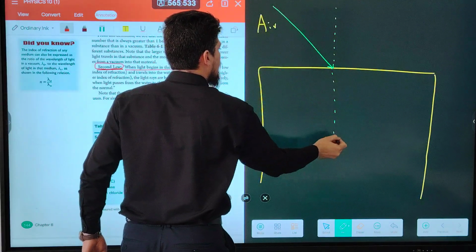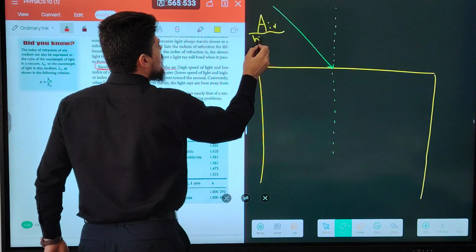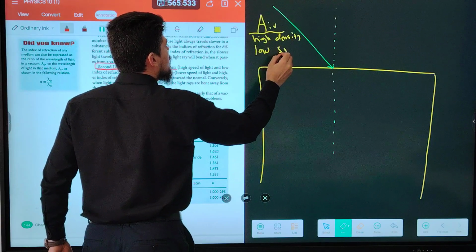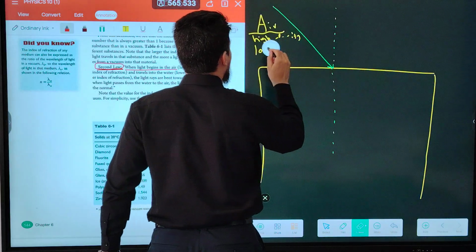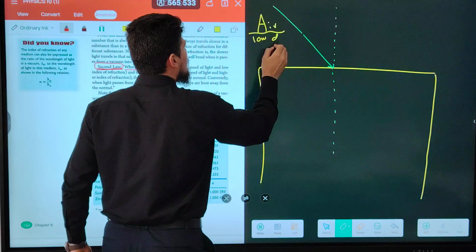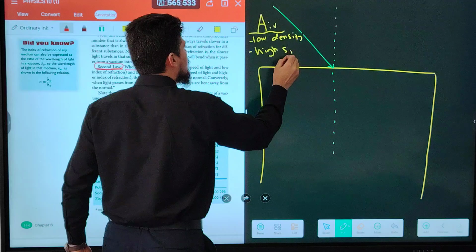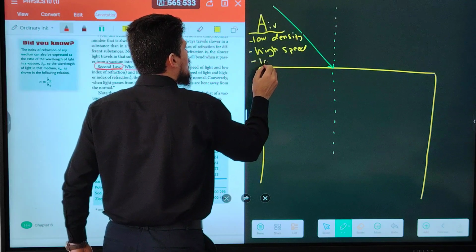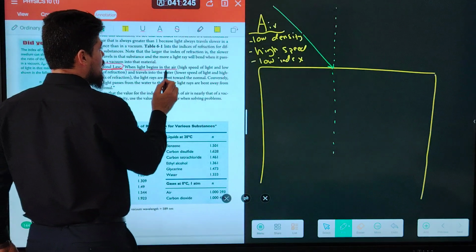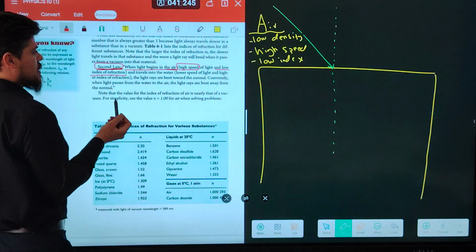This is the normal. Air has low density but high speed, and a low index of refraction. When the light begins in the air, it has high speed and low index of refraction.